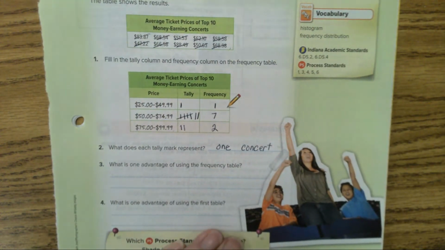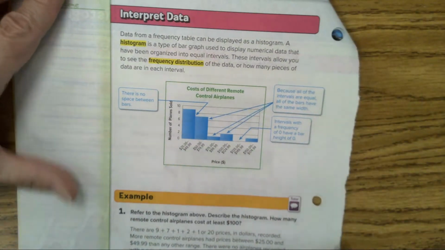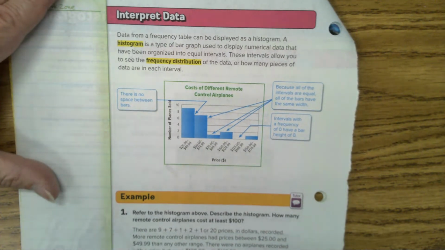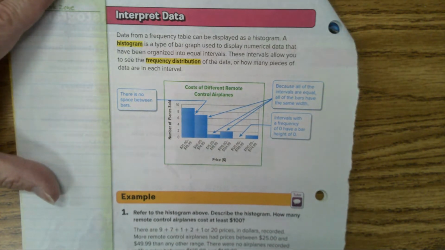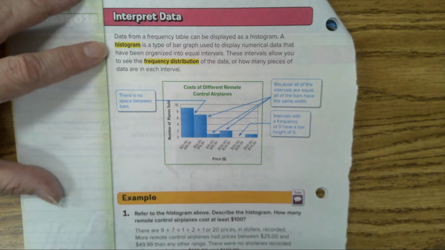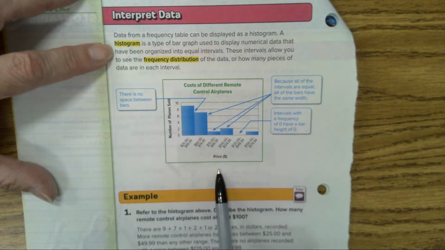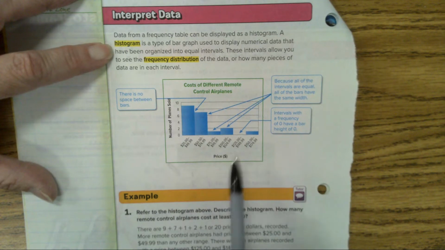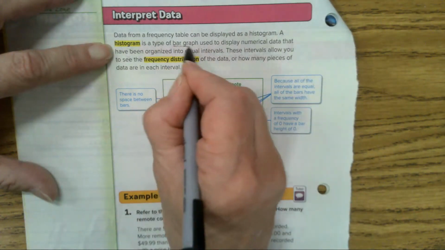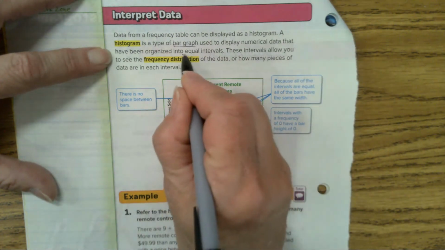Okay, let's go on to page 872. Interpreting data. All right, now this is pretty important to make sure you know all the things you need to have in a histogram. Data from a frequency table, and that's what this is called, can be displayed as a histogram. A histogram is a type of bar graph, used to display numerical data that have been organized into equal intervals.